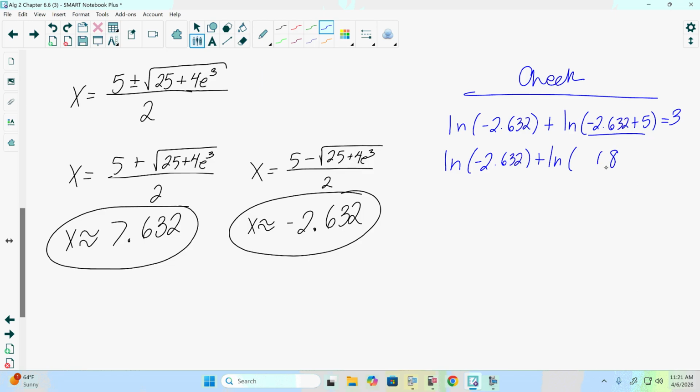Either way works. 3. I can't take the natural log of negative 2.632. I can take the natural log of 2.368, but it doesn't matter. I can't take the natural log of the other term. So this is out, which means x is approximately 7.632.